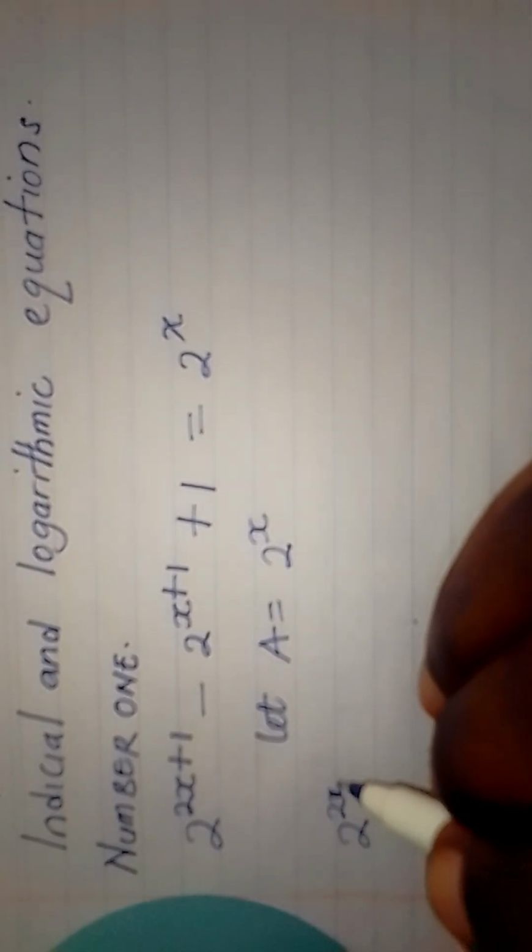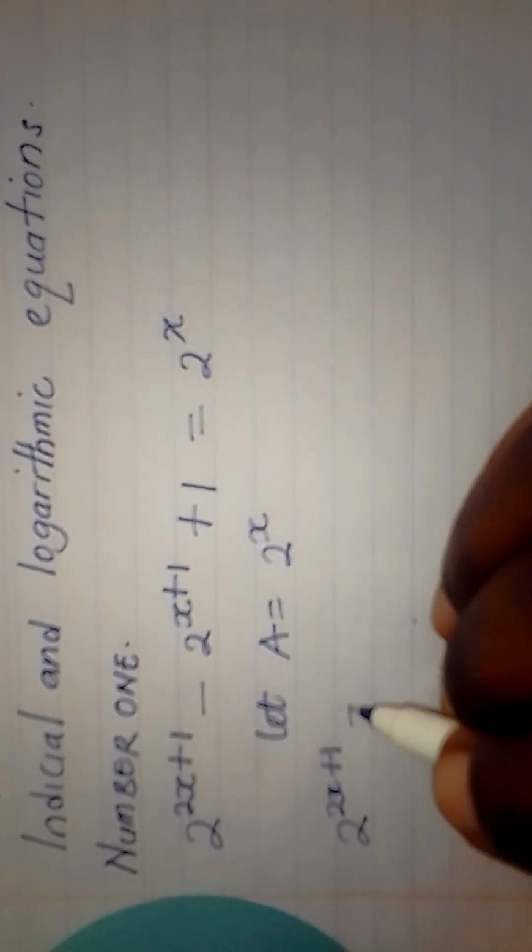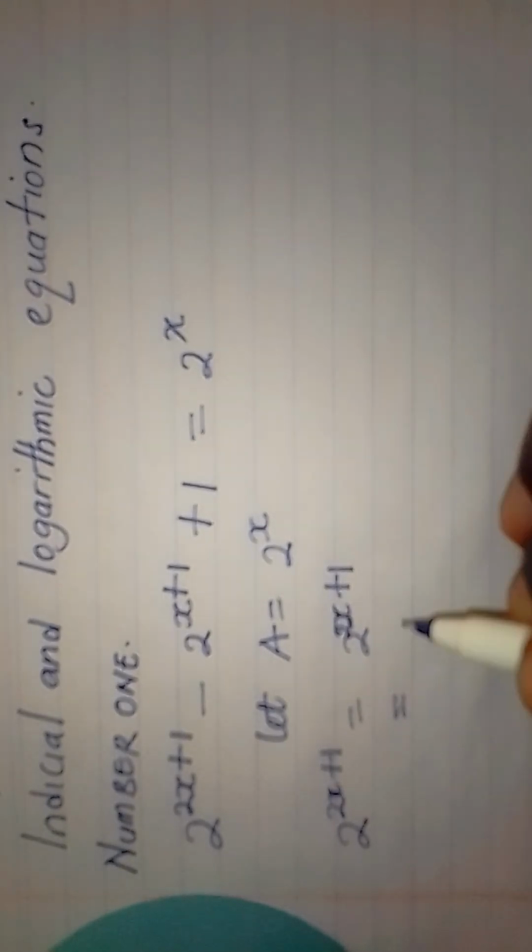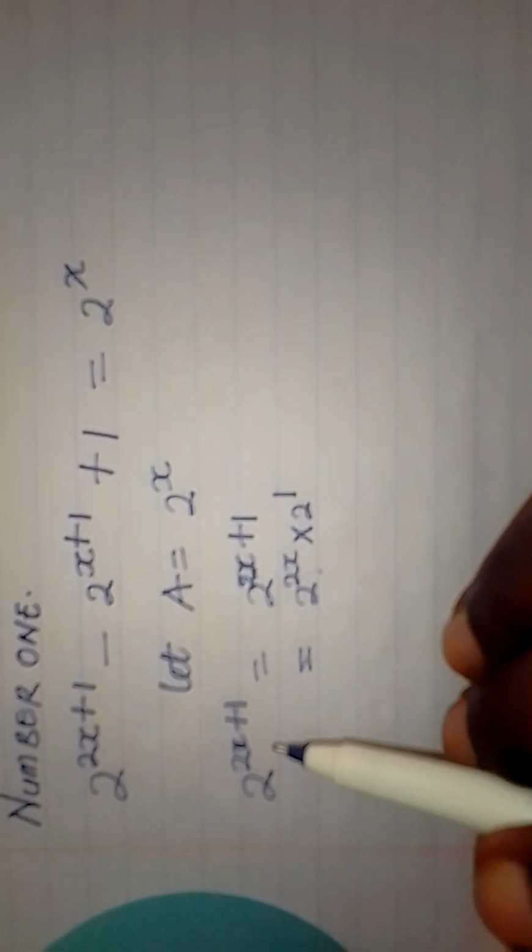Okay? For example, 2 power 2x plus 1 is the same as 2 to power 2x times 2 power 1, which is, when you reverse it back using laws of indices, it goes back.